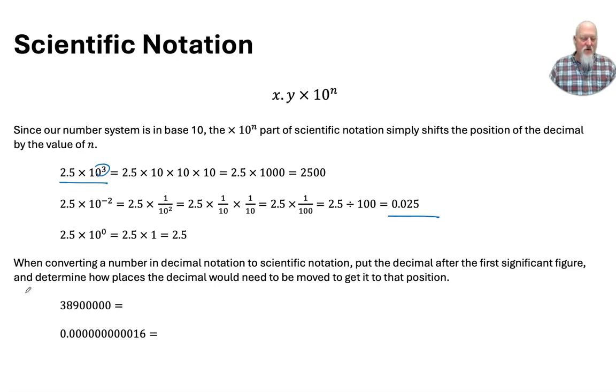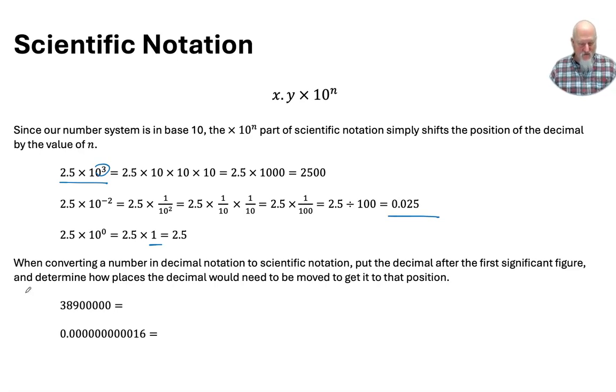So if we have a number with a times 10 to a positive integer, we have a larger number. And if we have it to a negative integer, that number is smaller. Okay? 2.5 times 10 to the 0. Remember, 10 to the 0 is simply 1. So anything times 10 to the 0 is just whatever it is, 2.5.